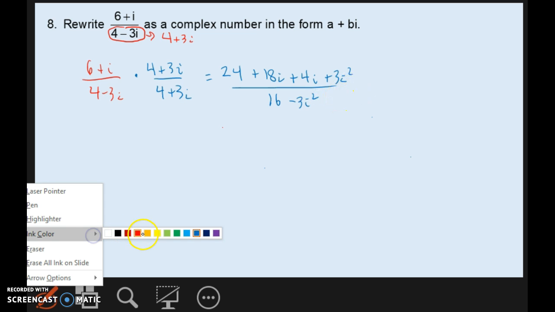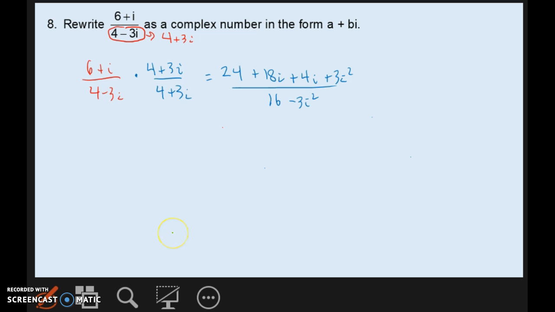Next I want to combine my like terms. So 24 and 3i squared will combine: 24 and then -3 basically gives me 21 plus 22i, all divided by 16. Whoa, I totally messed it up. Sorry about that.